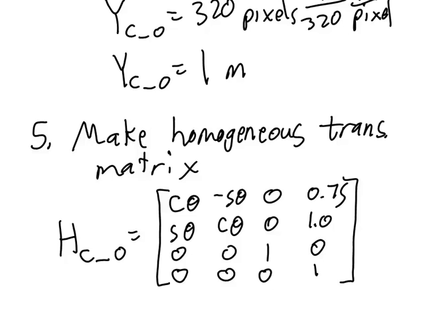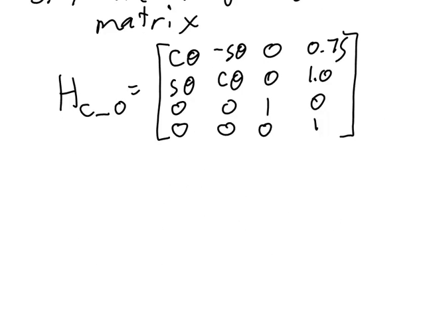We now have the homogeneous transformation matrix that we can use to convert points between camera frame and the base frame of our manipulator. Step 6 is to use this homogeneous transformation matrix in a coordinate transformation.